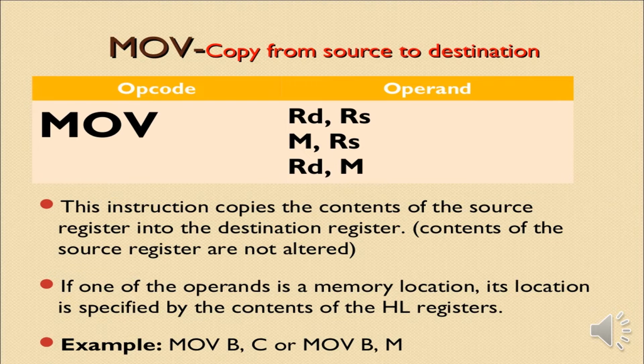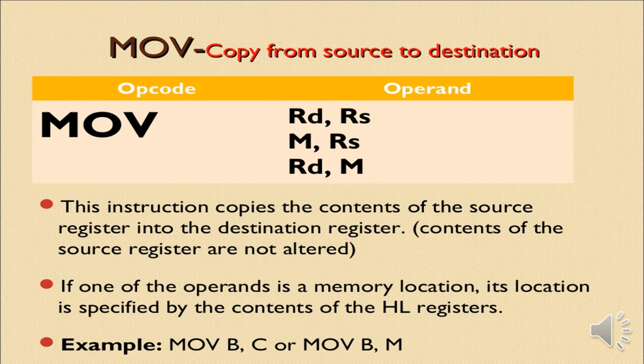In MOV Rd, Rs, Rd represents the destination register and Rs represents the source register. The source and destination registers may be the B register, C register, D register, E register, and the A register. These are 8-bit registers. The source register content is copied into the destination register.